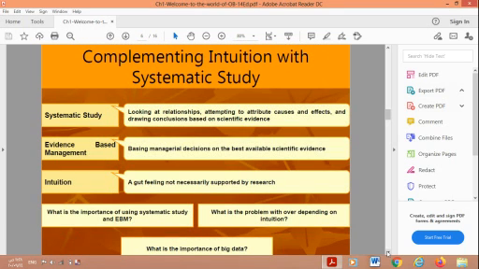Okay, the next slide is titled Complementing Intuition with Systematic Study. In general, sometimes we try to predict what people do, or to predict their behavior under different conditions.